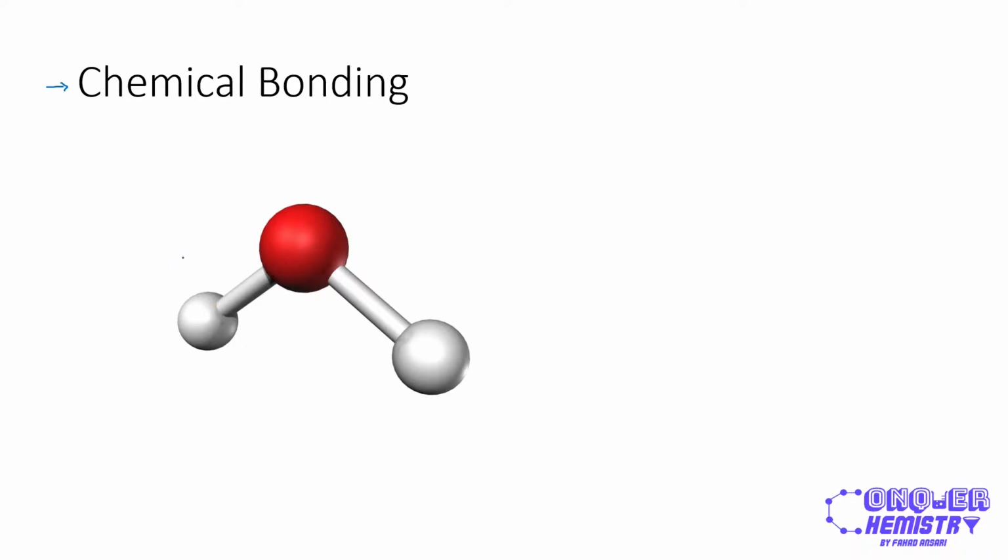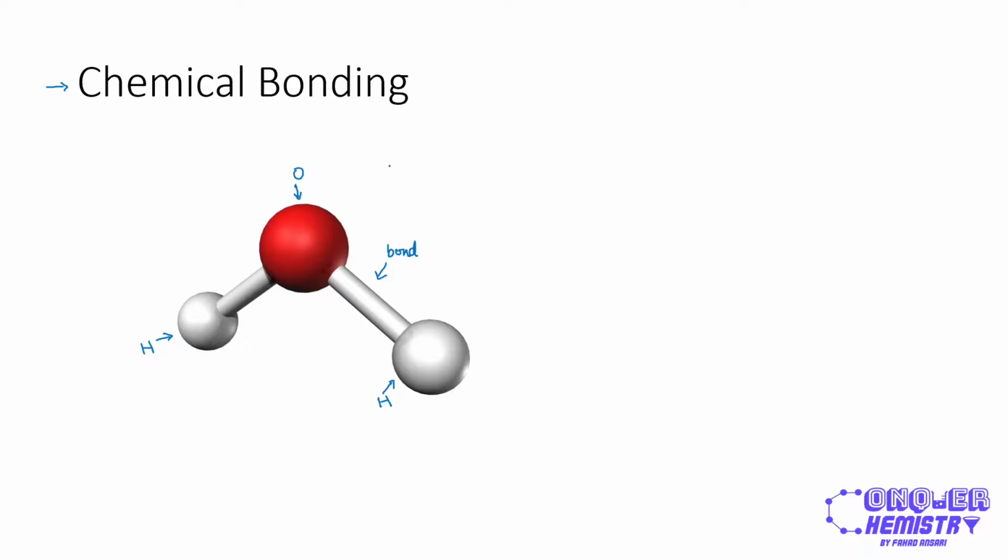For example, this is the ball and stick model for water. You have one oxygen atom that is bonded to two hydrogen atoms. And these sticks in between the oxygen atom and each hydrogen atom are called a bond.